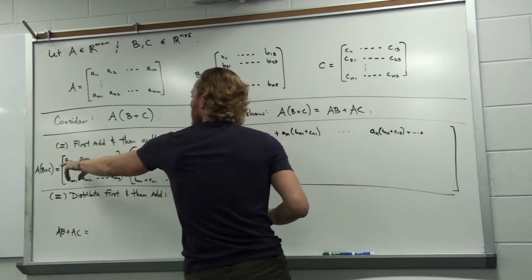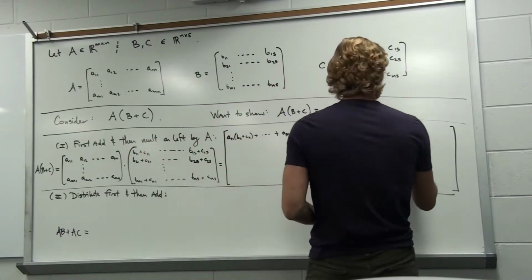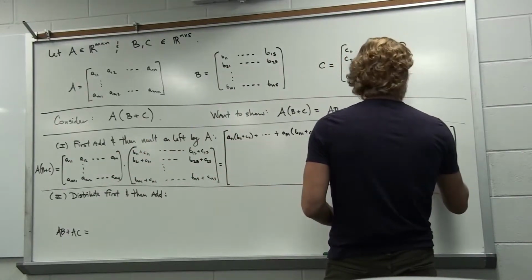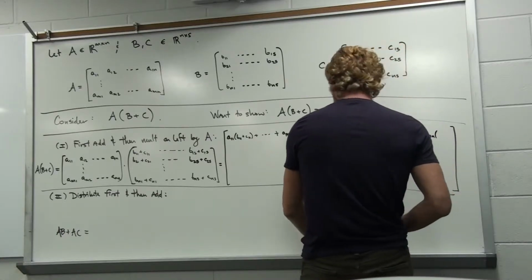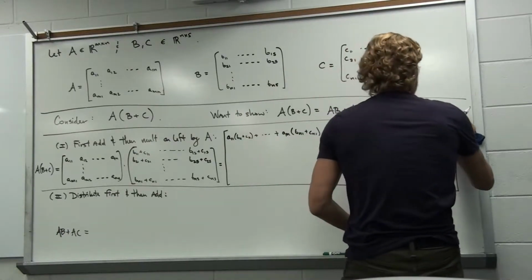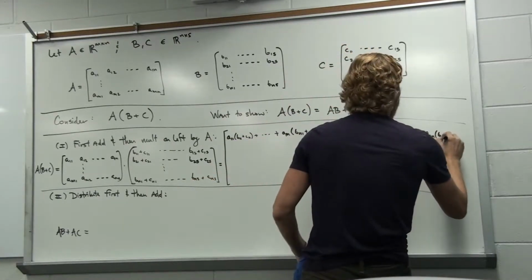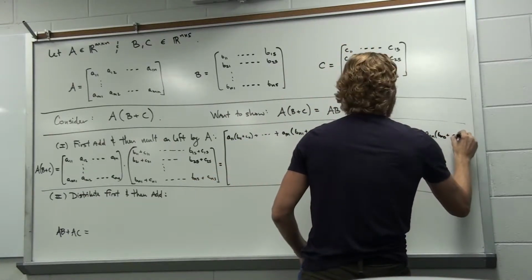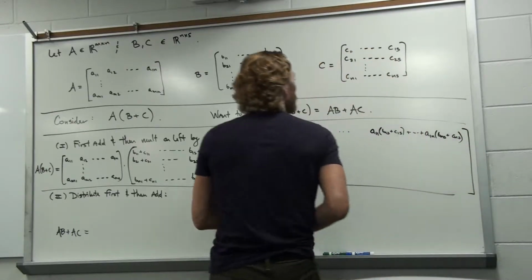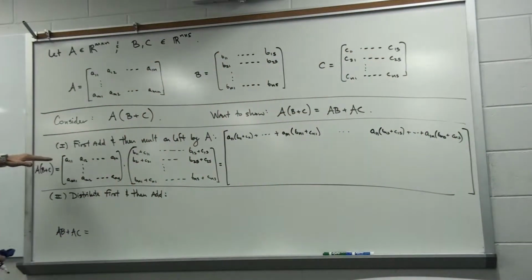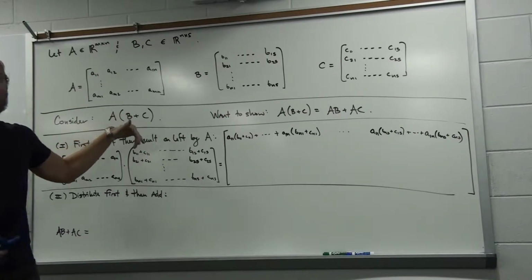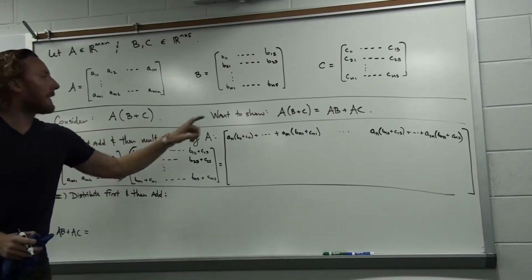And as we're multiplying this row times that column, eventually we get down to A1n times Bns plus Cns. Okay, so we've ultimately now multiplied the first row times each of the columns, and here's what we get.